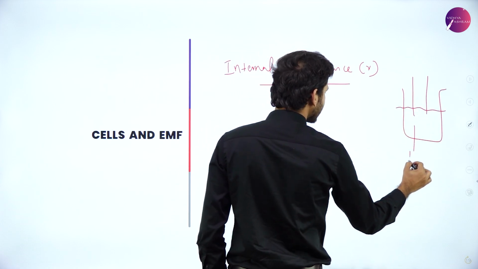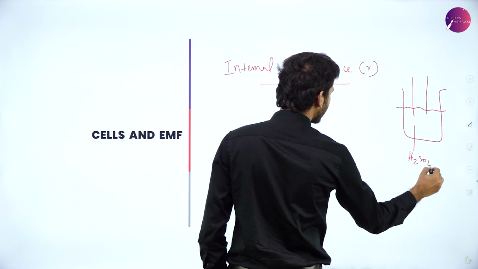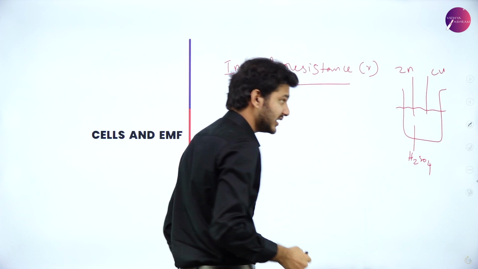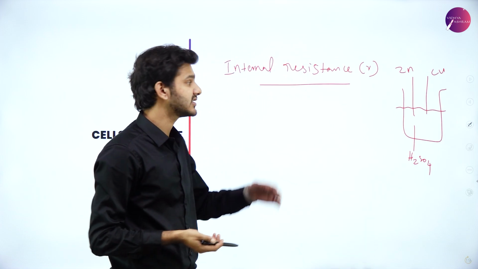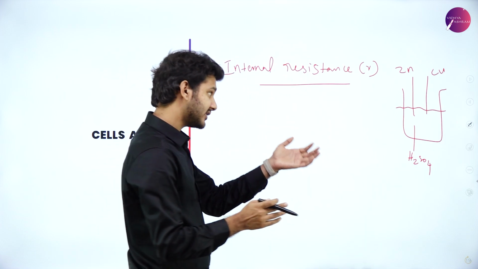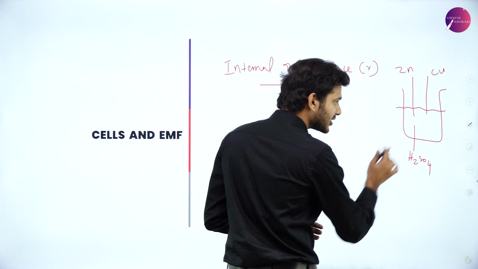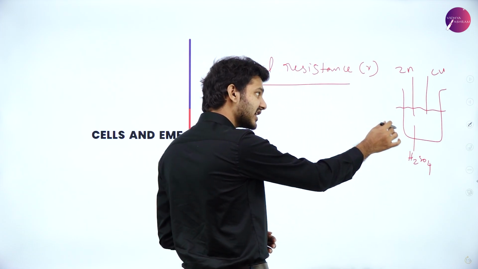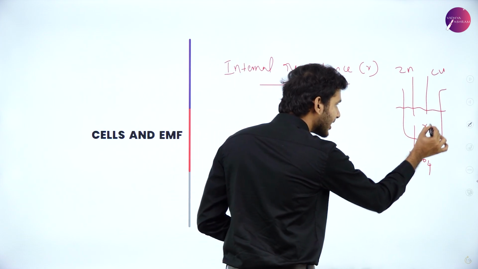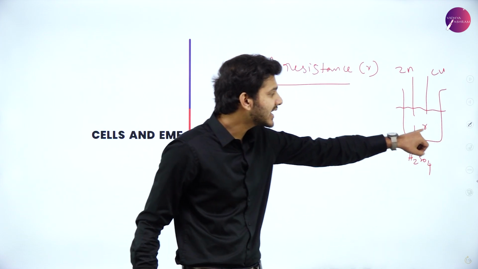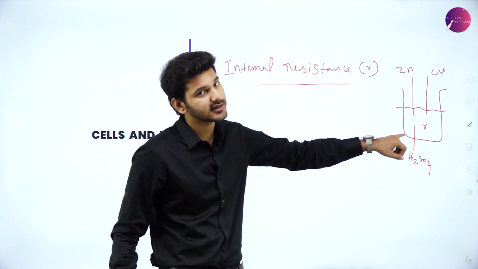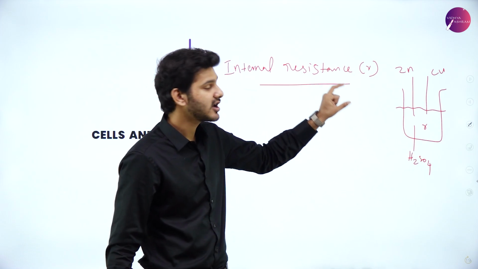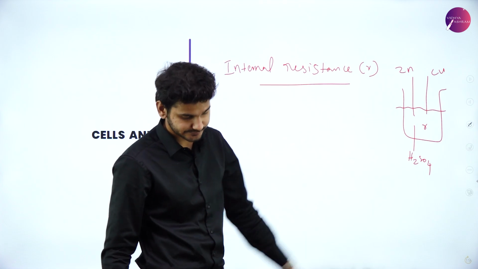So if this is H2SO4, then this will be zinc and this will be copper, the electrolytic setup, which is a galvanic cell right now. And then we can say that the internal resistance for this particular cell is offered by the electrolytic solution inside that particular cell. So it is known as internal resistance of this particular cell.